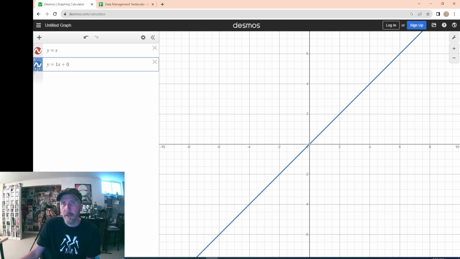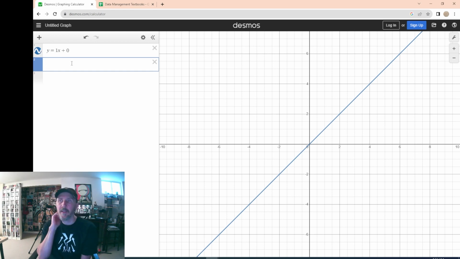The blue is right over top of the red there. So maybe I'll get rid of the red altogether. There is y equals x, the most basic line. Direct relationship between y and x.